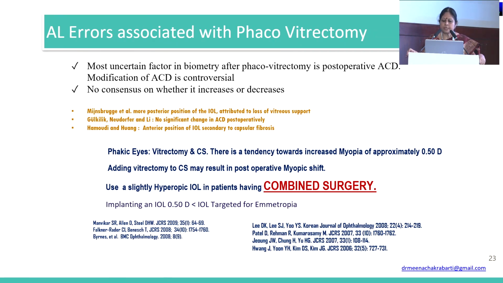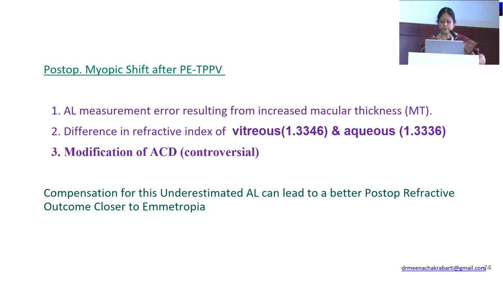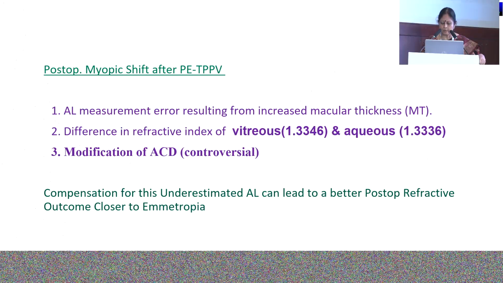Also, there is a modification of the anterior chamber depth, which could occur when there is a gas tamponade or silicone oil fill. In a patient undergoing a combined surgery, there is a chance of a slight myopic shift in the postoperative refraction, which could be due to the axial length measurement error, a difference in the refractive index between the vitreous and the aqueous filling the vitreous cavity, and a modification of the anterior chamber depth, and you have to compensate for the underestimation.